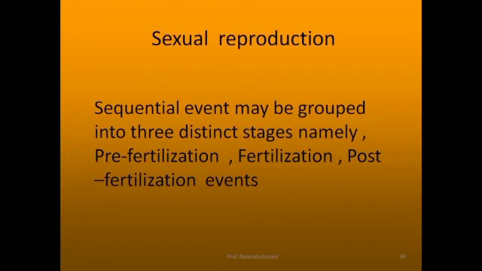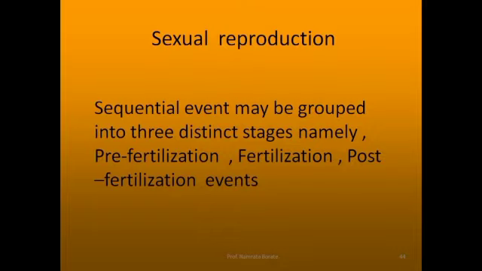This is the specific characteristic of sexual reproduction, meaning there is no similarity between parents and offspring. That is called variation. These variations are useful from the point of view of survival and evolution of the species.